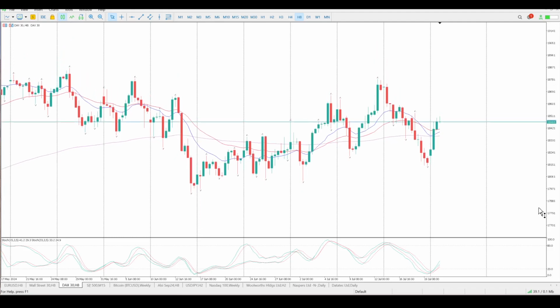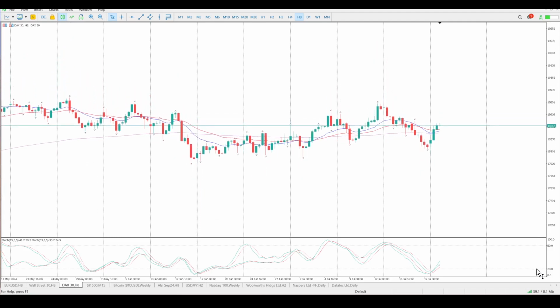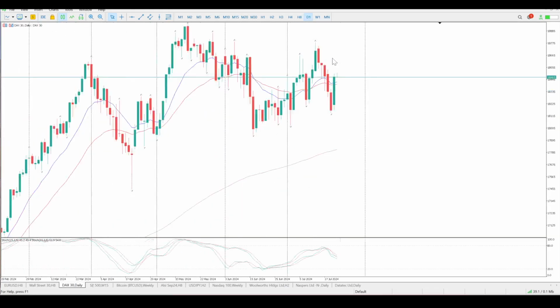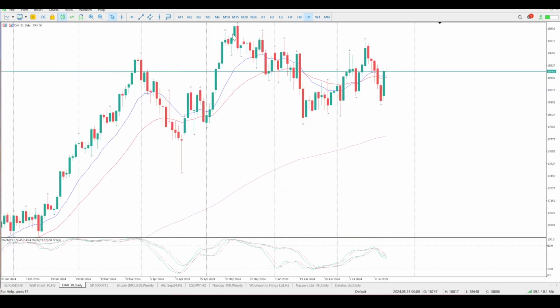Now on the 8 hour, if I just zoom out a little bit, we're basically going sideways. If you go to the daily, you're going to see channels deluxe. This is actually a big megaphone that's formed, but not an engulfing bar, not an inside bar, nothing like that. We do have a crossover of the moving averages, so that is bullish.